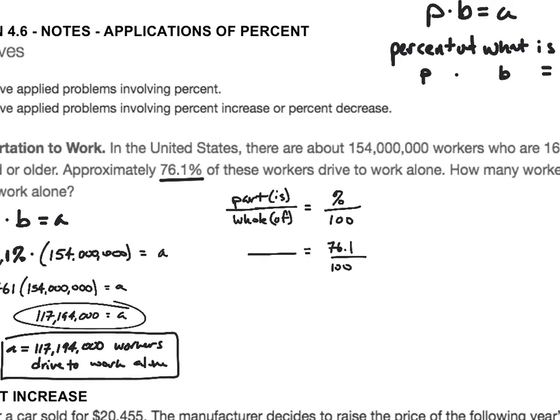And this is a little bit trickier because it's not as easy to read, but it's this part here that says, of these workers, okay, how many workers are there? There's 154 million workers, and that's where I'm getting that number. And I don't want you to think that 76.1% is your of, because it's not. It says of these workers.